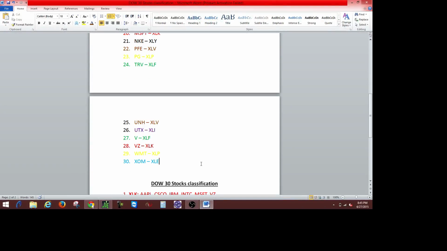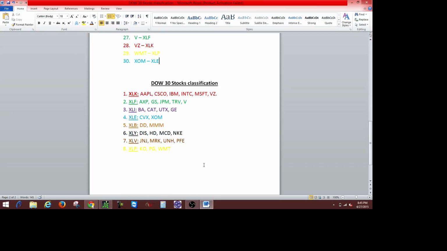So what I have done is, as you can see, these are all Dow 30 stocks, right? If you count them all, 1, 2, 3, 4, 5, 6, they will add up to Dow 30 stocks. The most expensive stocks out there, the stocks that have the largest market cap.